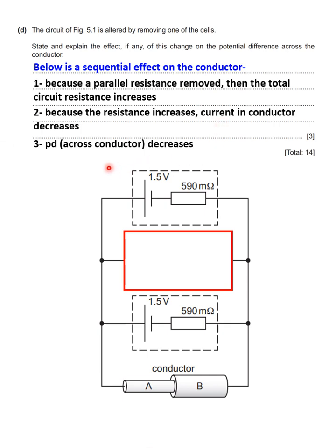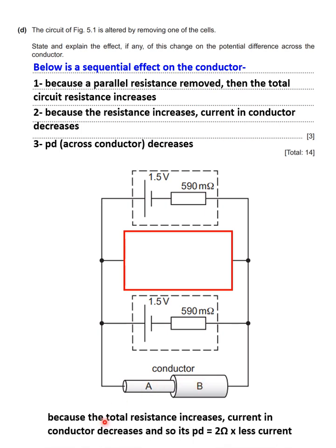And the PD across the conductor decreases. So because the total resistance increases when we remove one of the parallel batteries, the current in the conductor decreases, and so does its PD. Now the PD is 2 ohms times the lower current.